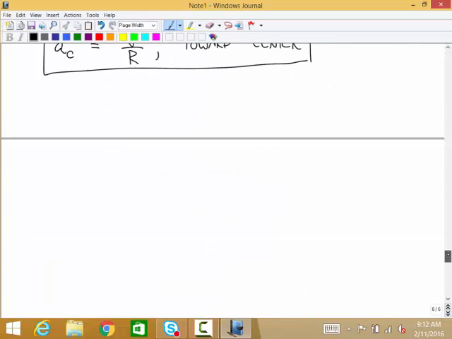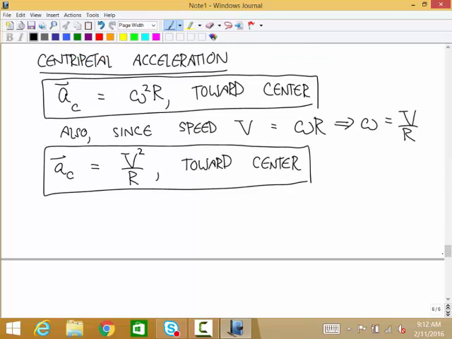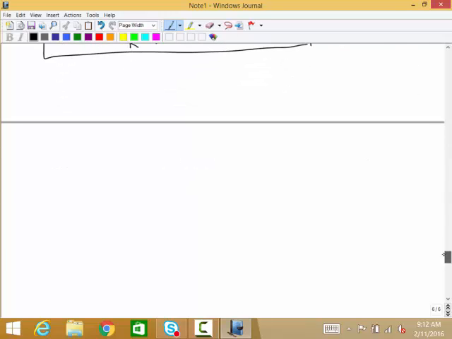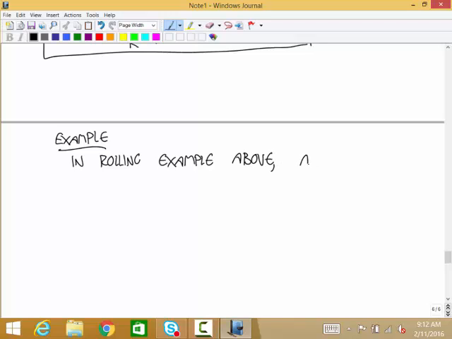Okay, so here's something a little weird. Let's go back to that rolling example we just did. Assume that the speed is constant.